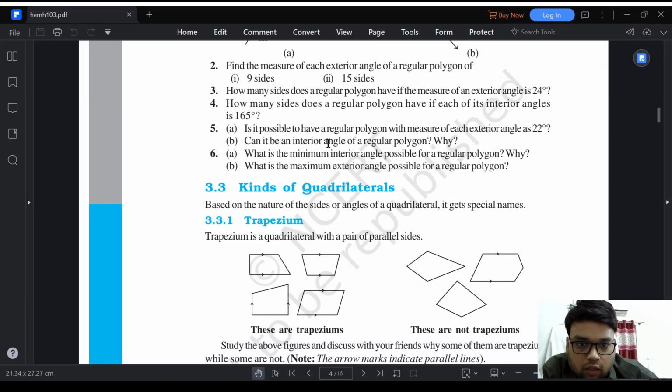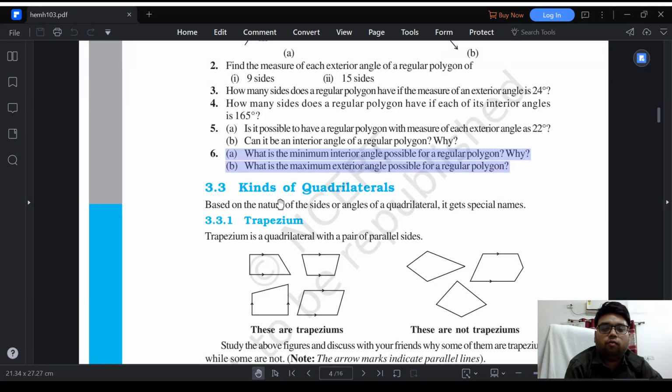Can it be an interior angle of a regular polygon? Why? What is the minimum interior angle possible for a regular polygon? Think how you will solve this question.